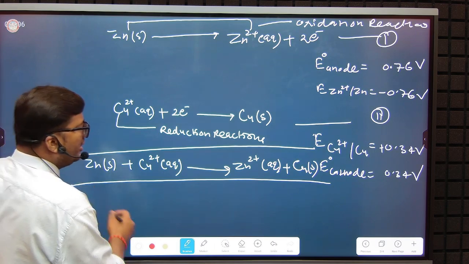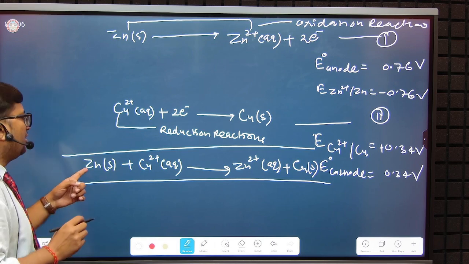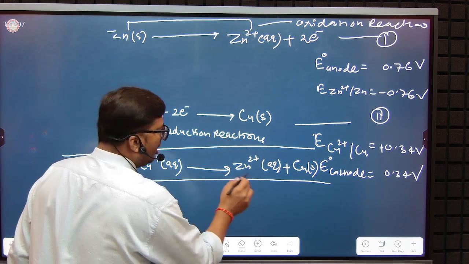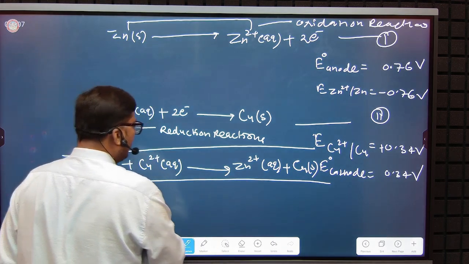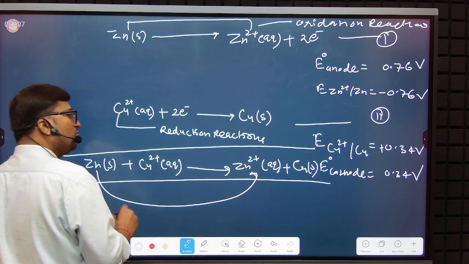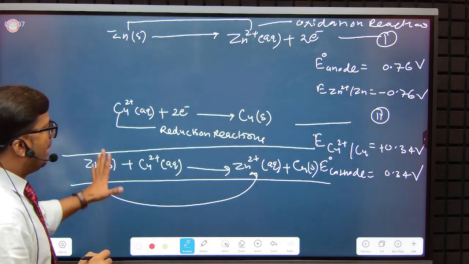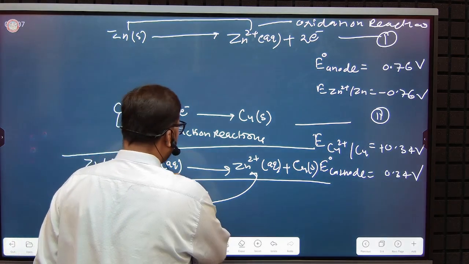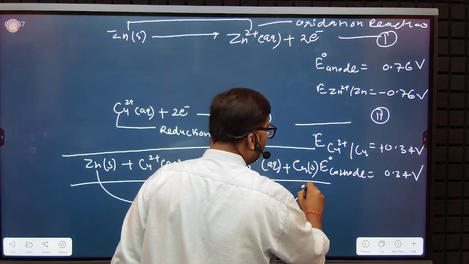So what happens? Zinc solid is dissolved and goes into the solution, and copper 2+ aqueous from the electrolyte is converted into copper solid.